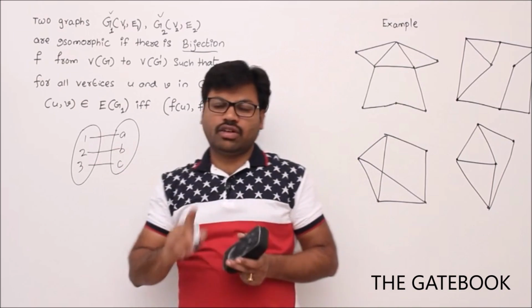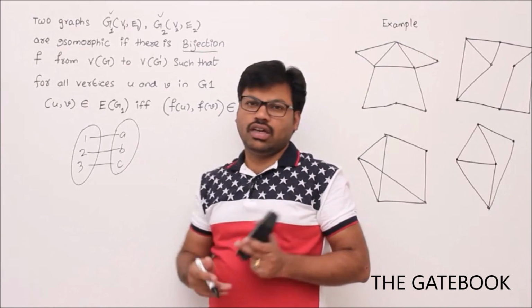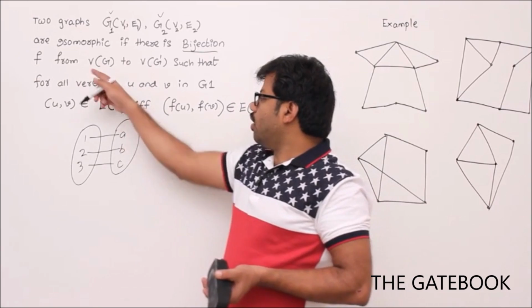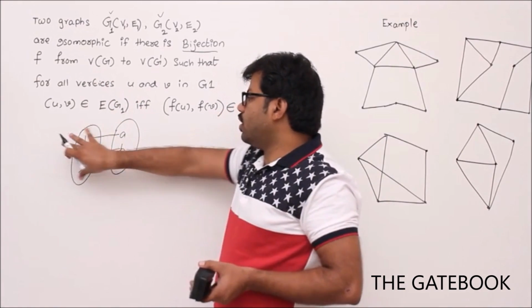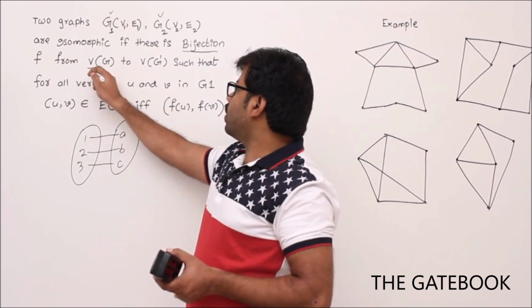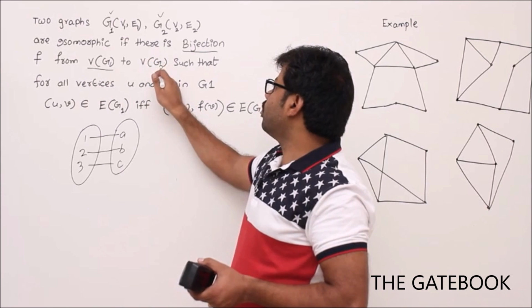If you don't know, then please go through the functions lecture first, where I taught what a bijection is. Now there should be a bijection from one set to another set, from vertices of G1 to vertices of G2.